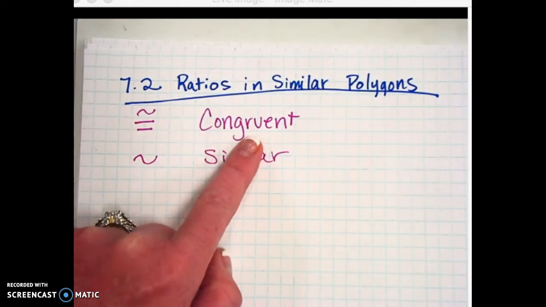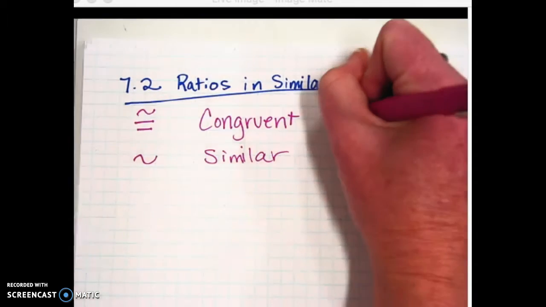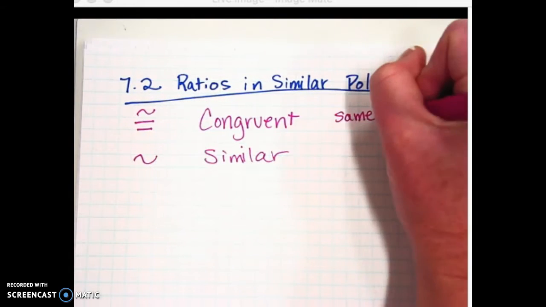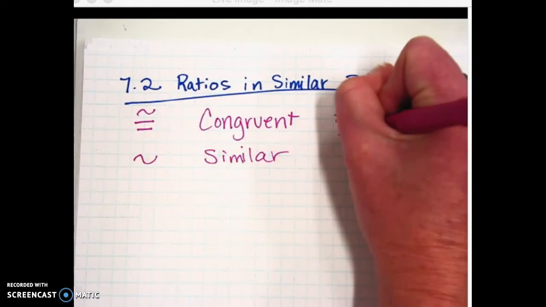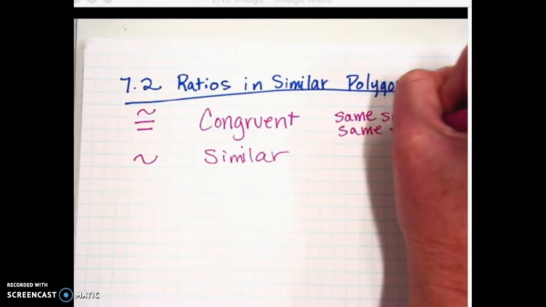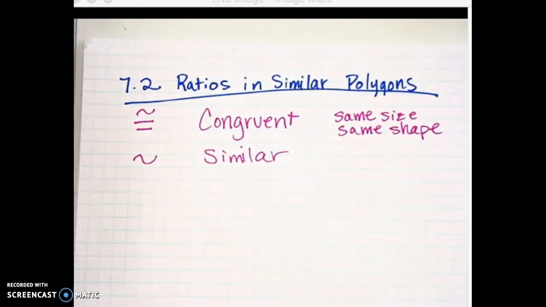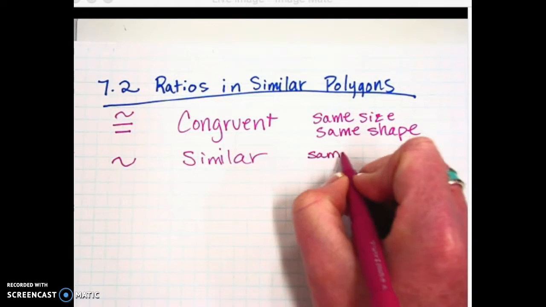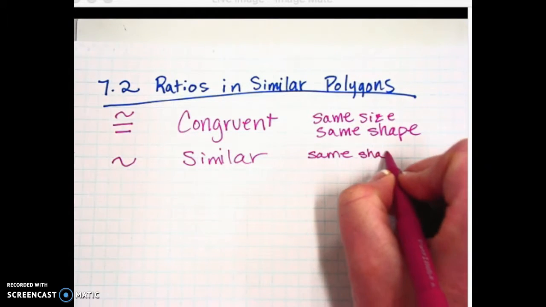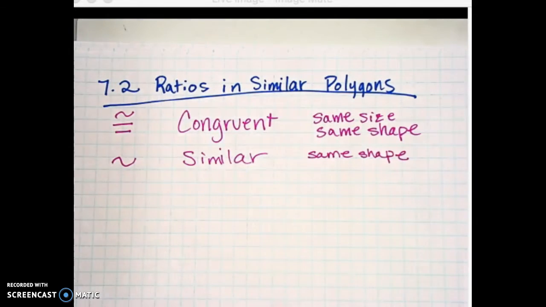All right, so when you see the congruent symbol, you know since the beginning of the school year, we've always talked about same size and same shape. Similar, we're going to have the same shape, but we're not going to have the same size.